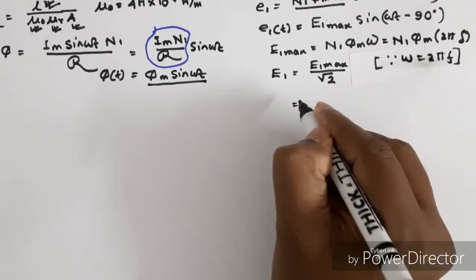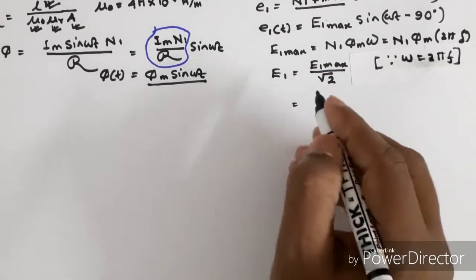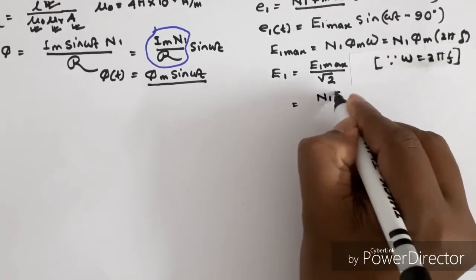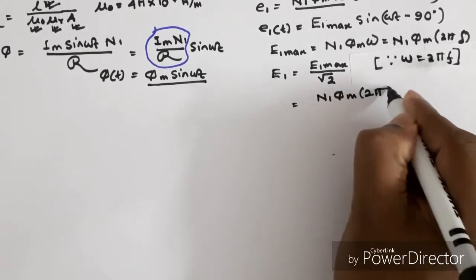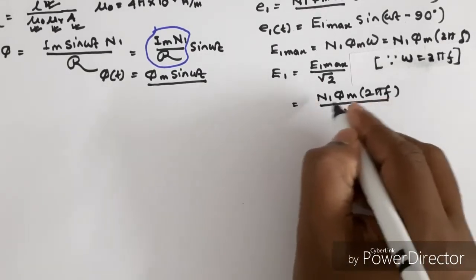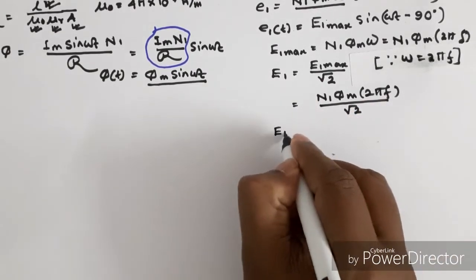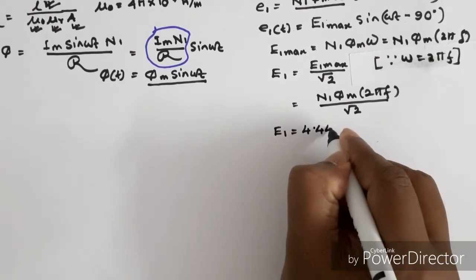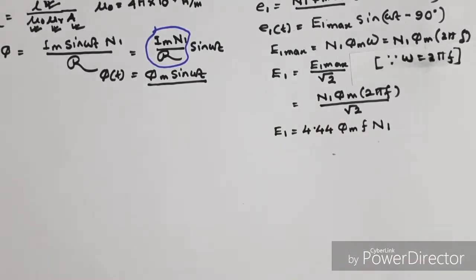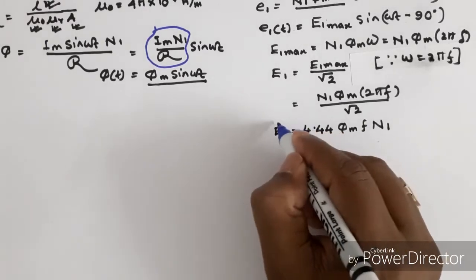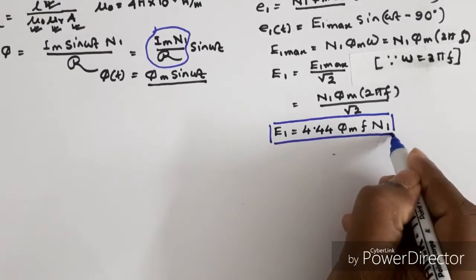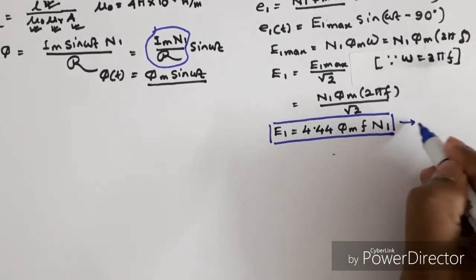Therefore, the RMS value of the induced EMF is given by, if we put the value of E1 max here, N1 phi m into 2 pi f divided by root over of 2. If we do the simplification, then we get E1 equal to 4.44 phi m f into N1. This is the equation of induced EMF of the primary of the transformer. You have to remember this formula, equation number 1.